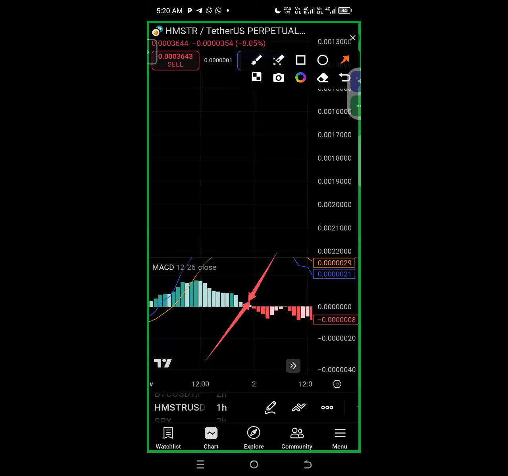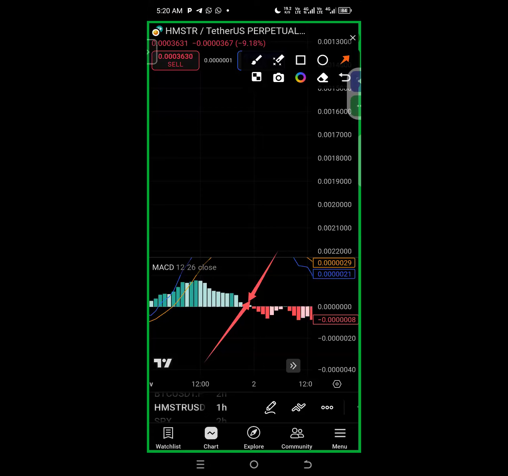So now the next thing is this. The distance from the zero line may tell us either it is strong momentum or weak momentum.